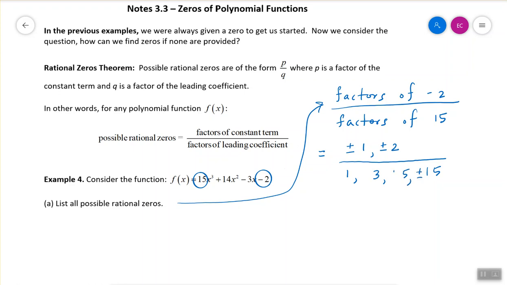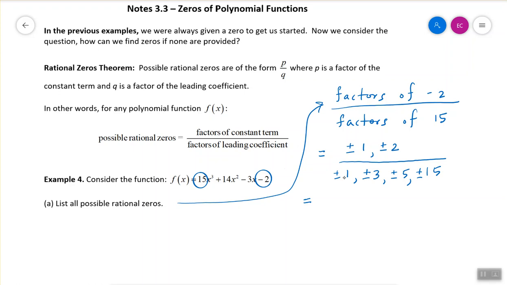And again, we need a plus or minus on each of the factors. So now we're going to take each of the combinations of a factor from the numerator over a factor of the denominator. So let's be a little bit systematic about this.